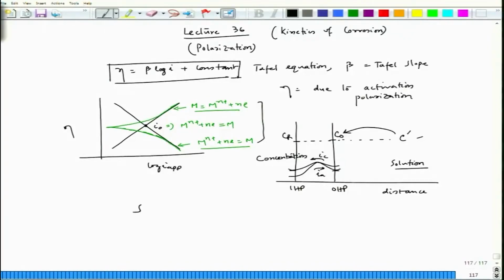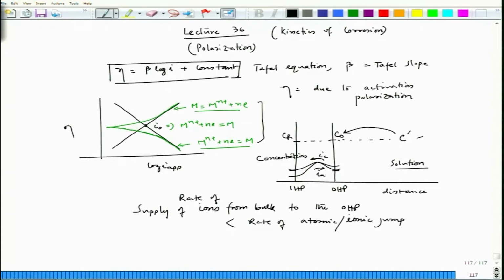That would lead to over voltage, either cathodic or anodic over voltage. Now, let us say at a certain point the supply of ions from bulk to the interface, to the OHP, is such that the rate of supply is less than the rate of atomic or ionic jump across the activation barrier.